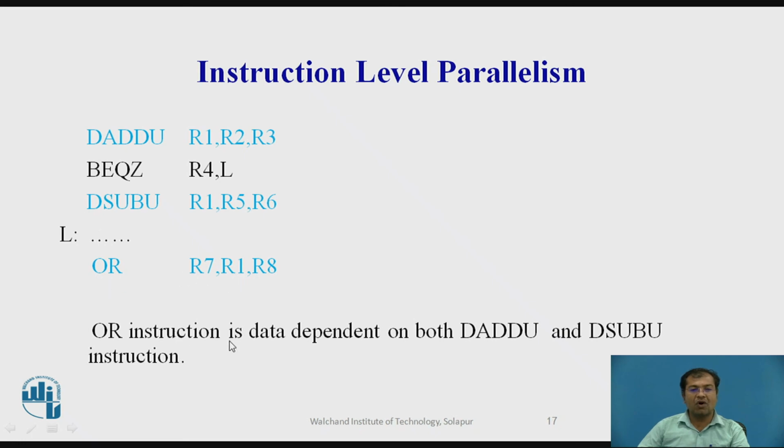In this scenario, the OR instruction is dependent on both the first and third instructions, because they store the result in R1. The OR requires the data updated by the first or third instruction, so it reads that. So it depends on the first and third instructions.